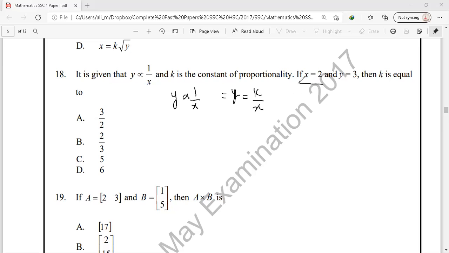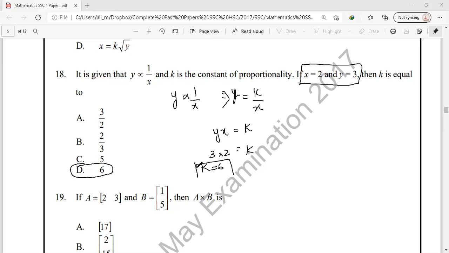If x is equal to 2 and y is equal to 3, we have to find the value of k. So from the above equation, k would be equal to y multiplied by x, and the value of y is 3 and x is 2. So the constant of proportionality will be 6, k is equal to 6. So option D is the correct answer.